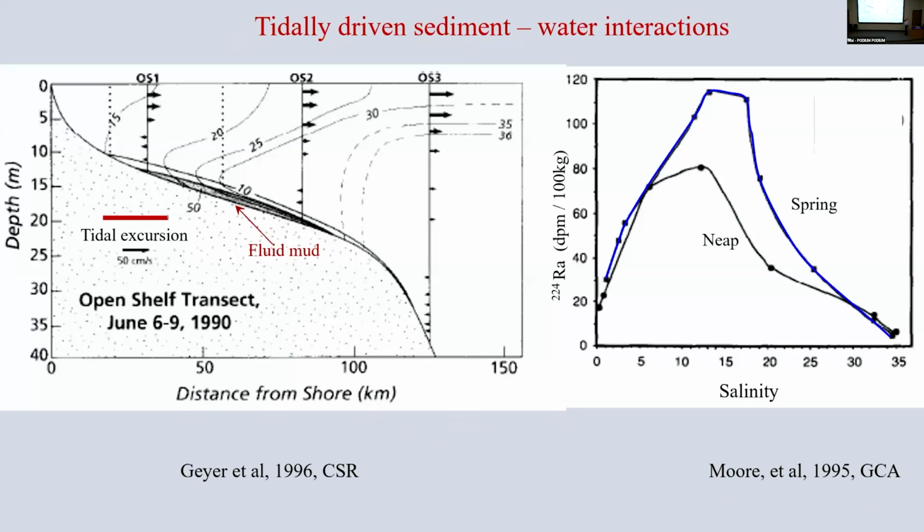And here you can see radium as a function of salinity in the water column. Here's radium-224. Remember, it has a 3.9-day half-life, so it's a really sensitive indicator of processes.